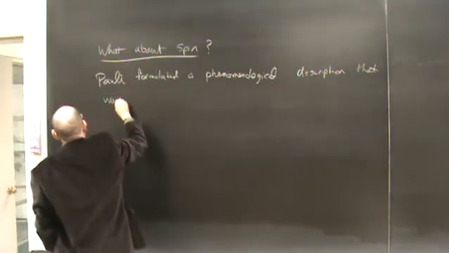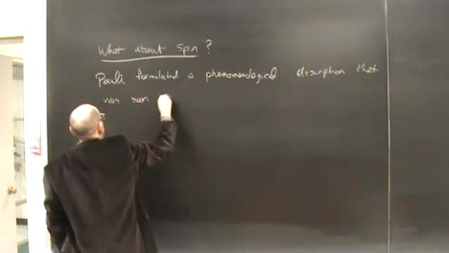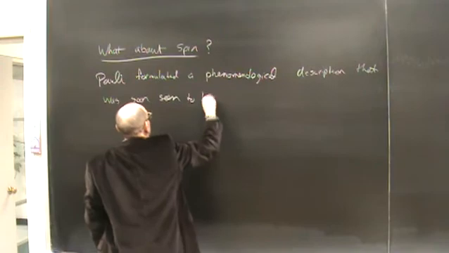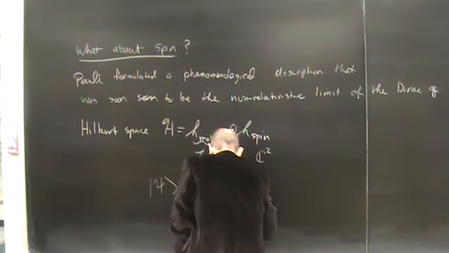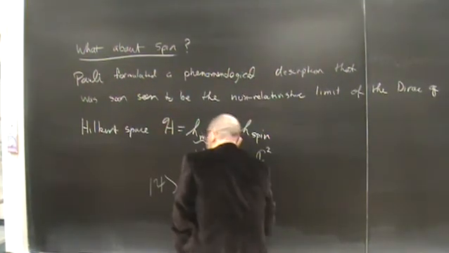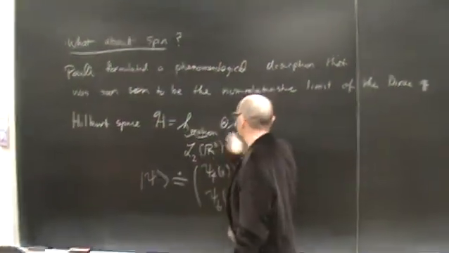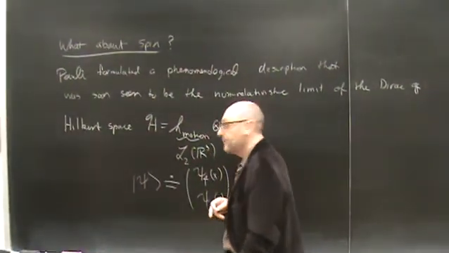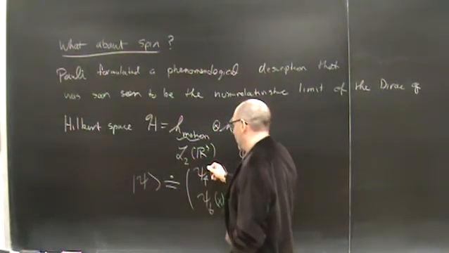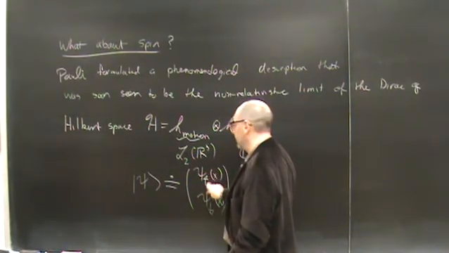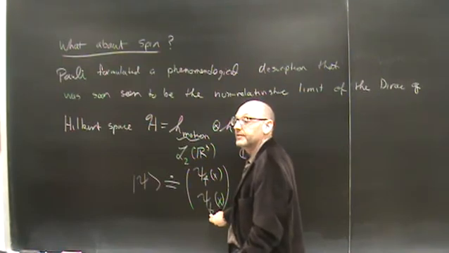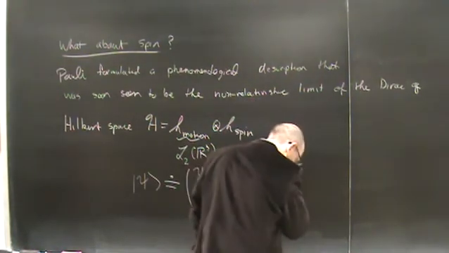So there's a wave function associated with spin up and a wave function associated with spin down. This is a representation in the tensor product space, where this squared is the probability density to be spin up, and this squared is the probability density to be spin down.